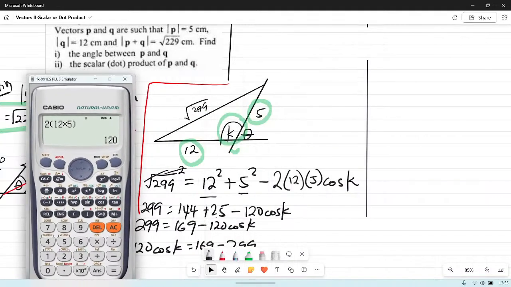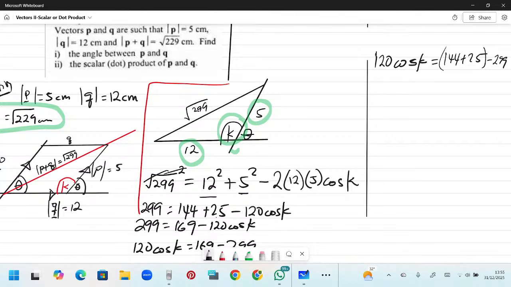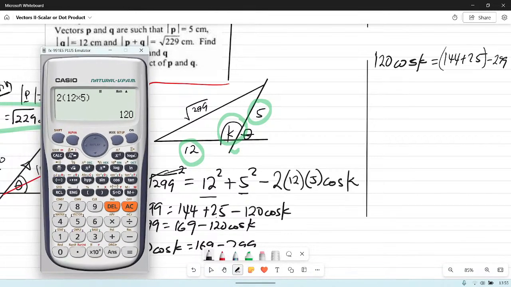So if I move the 120 to the other side, 120 cos k equals 144 plus 25 minus 299. So cos inverse of 144 plus 25 minus 299 all over 120. Math error. There's something wrong somewhere.